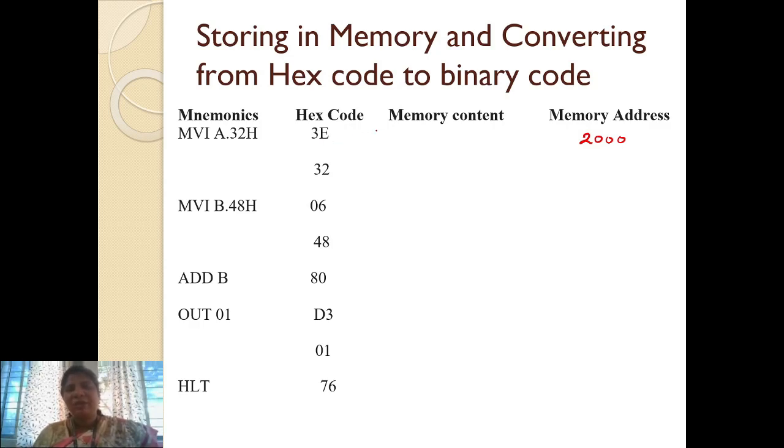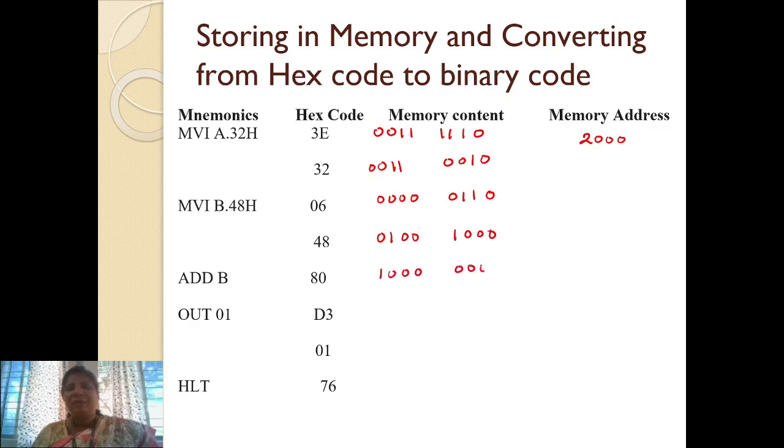Like 3E: 3 is equivalent to 0011, and E corresponds to 1110. Similarly, 32 is 0011 and 0010. 0 means 0000, 6 means 0110, 4 means 0100, 8 means 1000, 0 means 0000, D means 1101, and 3 is 0011.